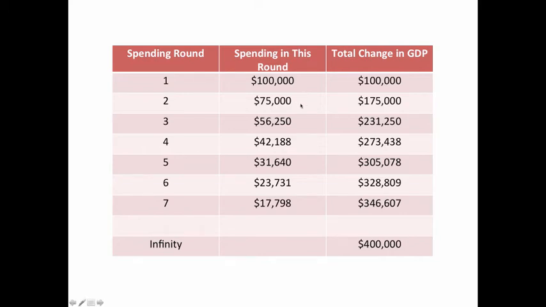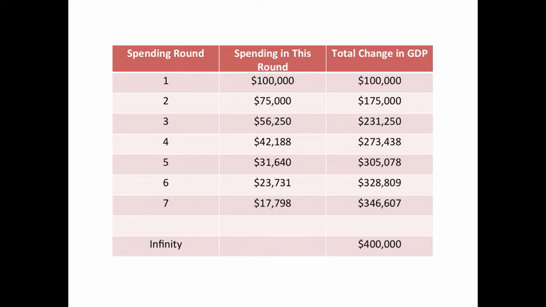Note, each round of spending is less than the previous round. Technically, if the MPC is 0.75, each spending round is 75% of the previous one. So we have all of these spending rounds. They continue until the spending, this chain reaction of spending, dissipates.